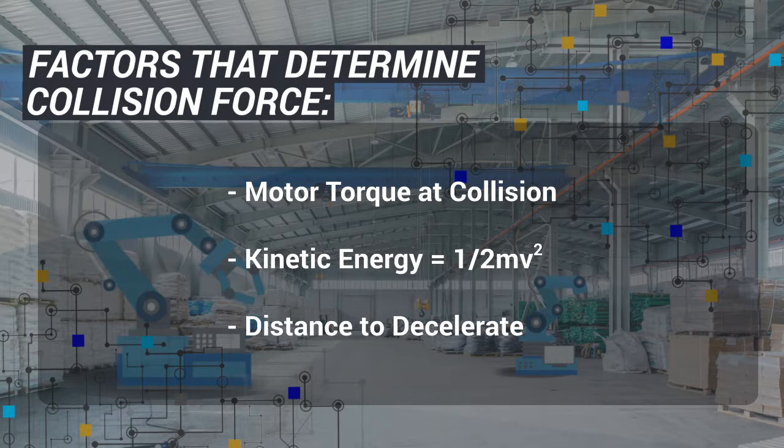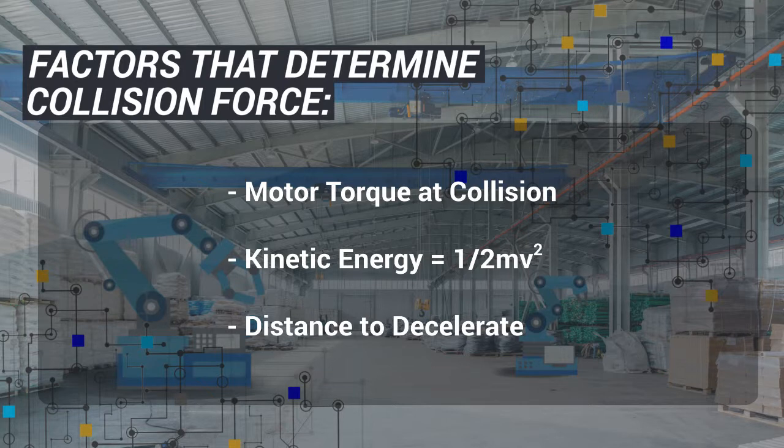However, it is possible to limit motor torque during a collision, as we will explain later. The kinetic energy of the robot and its payload is defined as 1/2 of the effective mass times the square of the velocity. Note the energy goes up with the square of the velocity, so doubling the velocity means 4 times the collision energy.